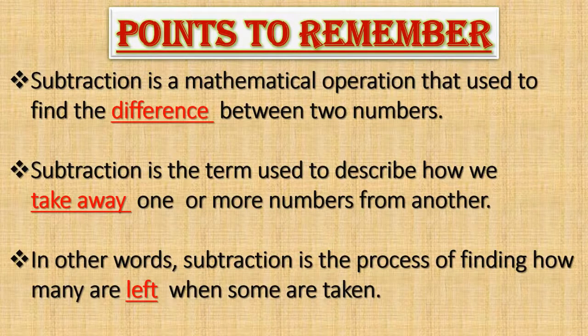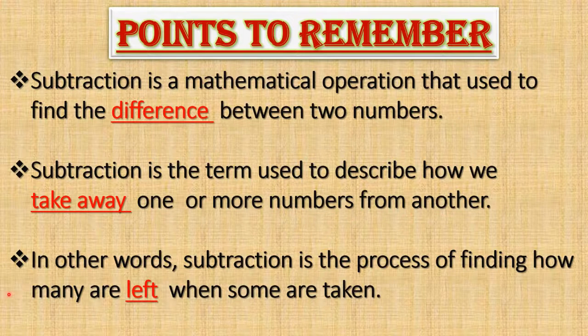Now summarize what we have learned. First point, subtraction is a mathematical operation that is used to find the difference between two numbers. Second point, subtraction is the term used to describe how we take away one or more numbers from another.